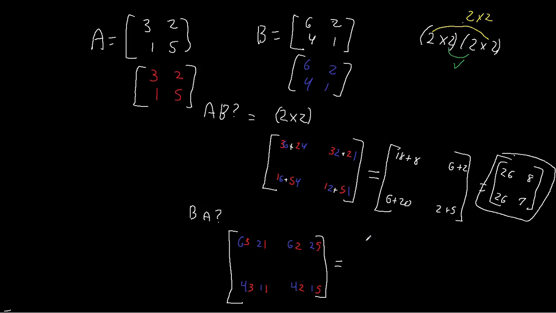Okay, so let's do the math. 6 times 3 is 18. 2 times 1 is 2. 4 times 3 is 12. 1 times 1 is 1. 6 times 2 is 12. 2 times 5 is 10. 4 times 2 is 8. 1 times 5 is 5.